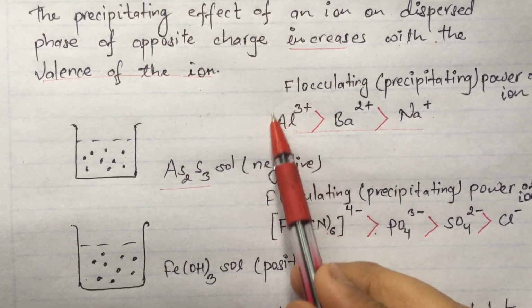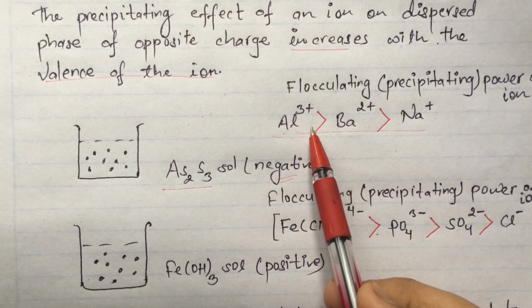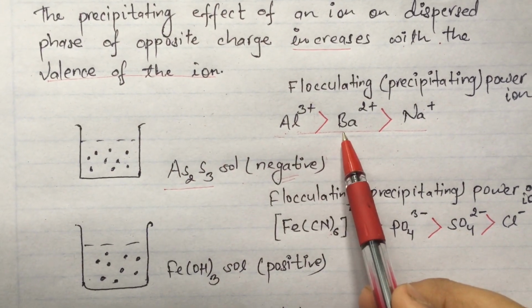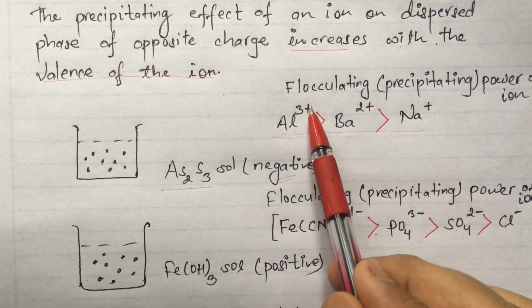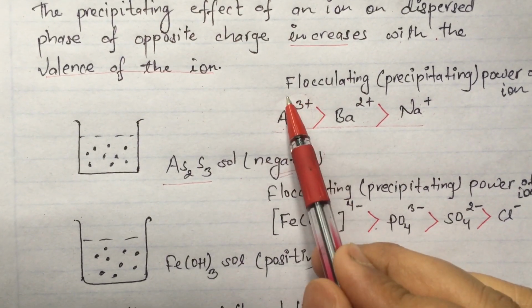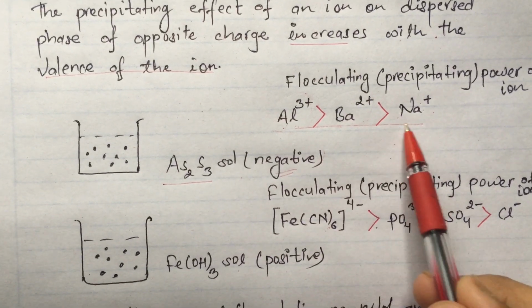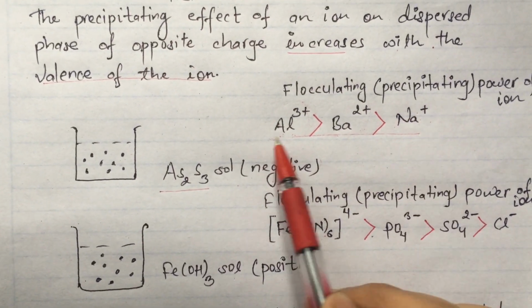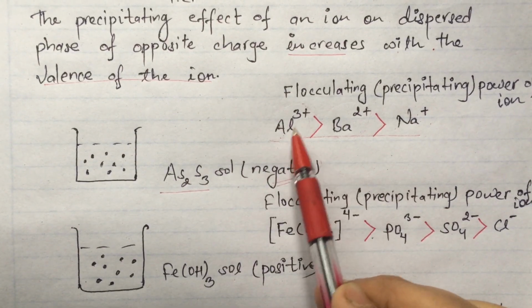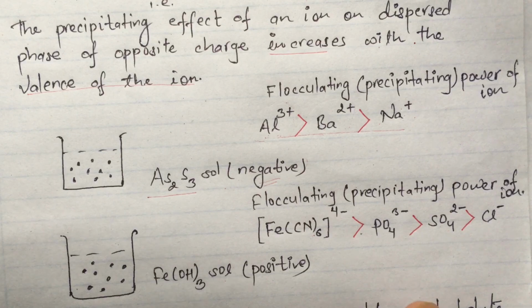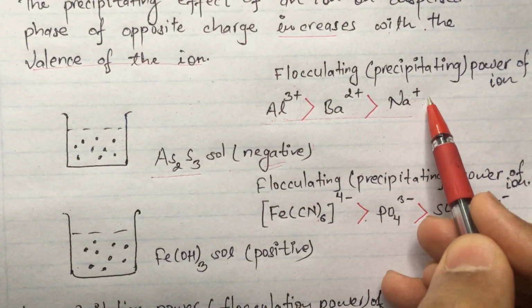So aluminum ion can precipitate arsenic sulfide sol, which is negative, more than barium, and more than sodium, because here the valency is higher than that in barium and that in sodium. So in this case, aluminum ion precipitates more as compared to barium ion and sodium ion.